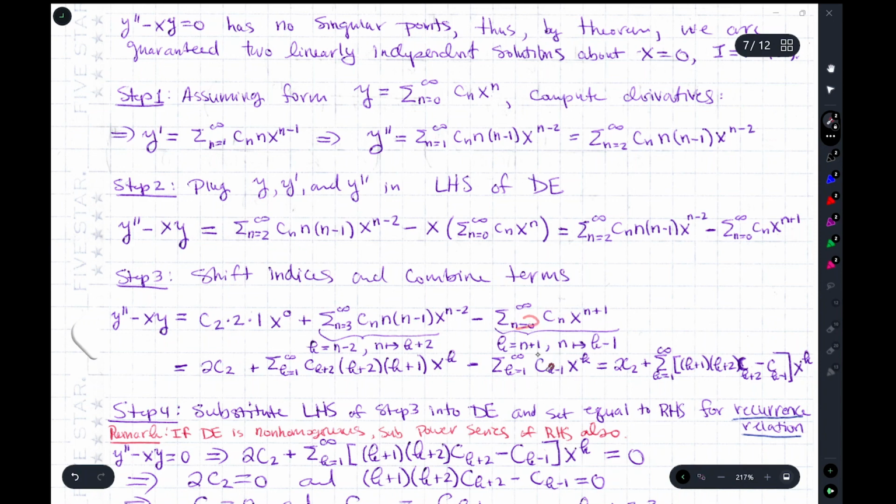Well, this starts at n equals 0, so 0 plus 1 is 1. That's where we're getting that. And now these sums start at the same place, and you have terms proportional to the same power. And so what you could do is then factor out that sum, basically, and you get this.